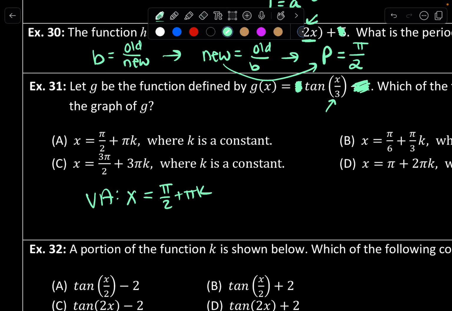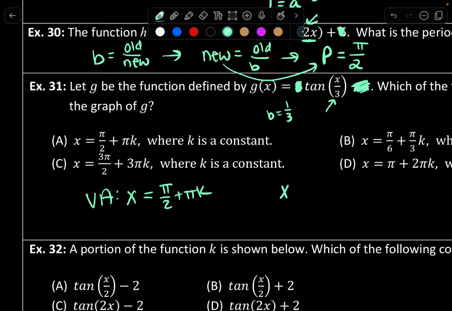So I have x over 3, okay? That means my b is equal to 1/3, which means because it's 1/3, we have a horizontal stretch, aka a horizontal dilation with a scale factor of 3. So that means I'm going to change my vertical asymptotes by a scale factor of 3.